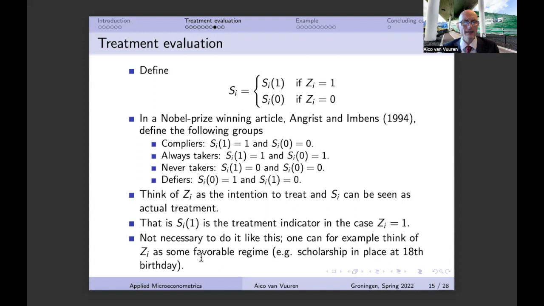Well, again, that doesn't seem to make any sense. Why would you decide not to go to university when you get the scholarship and then decide to go to university when university even becomes less attractive without a scholarship? So therefore, also for this particular application, it is easy to rule out the possibility that you have defiers.